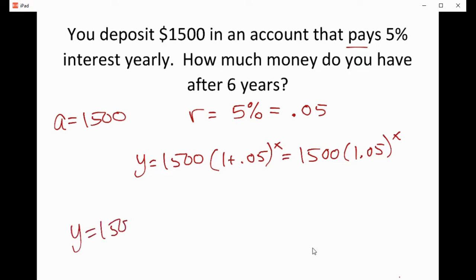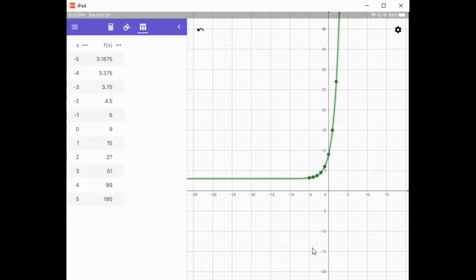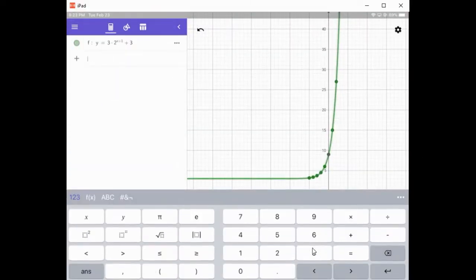So I would say 1,500 times 1.05 to the 6. So I'm going to go over to GeoGebra. And I'm going to put 1,500 times 1.05 to the 6.